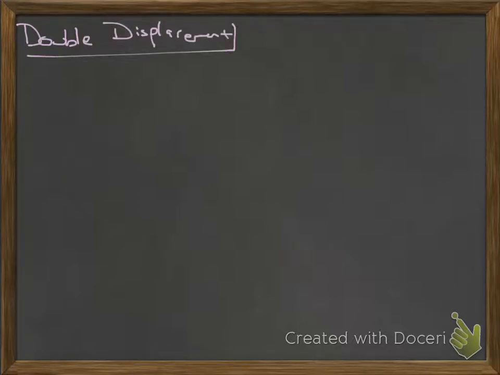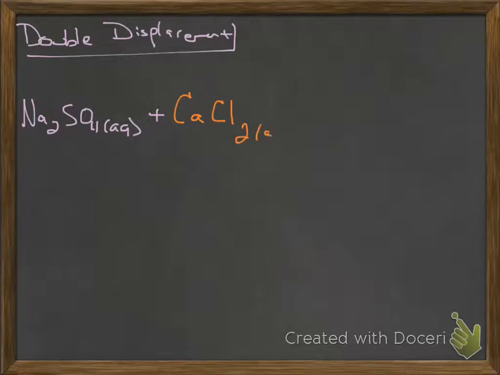All right, let's take sodium sulfate, Na2SO4, and that's going to be aqueous. And we want to add that to, let's see, a solution of potassium. Nah, potassium is not a good one. How about calcium? How about calcium chloride? CaCl2, right? That's aqueous. Now, we want to see if this reaction is going to occur.